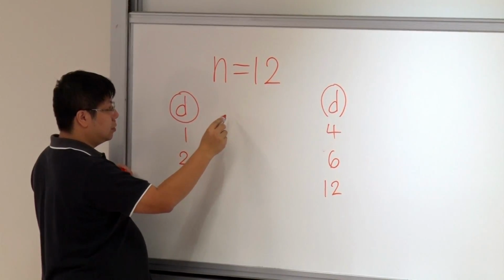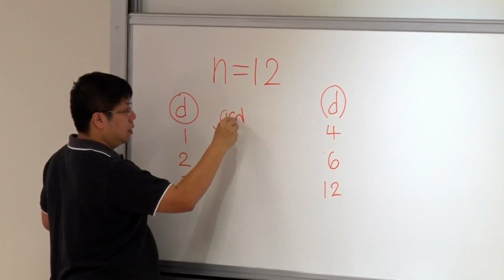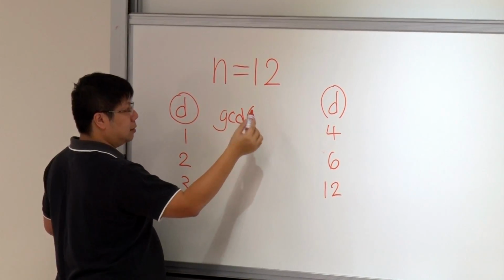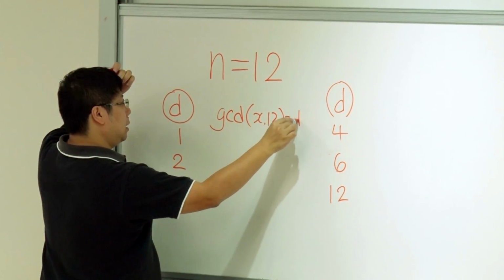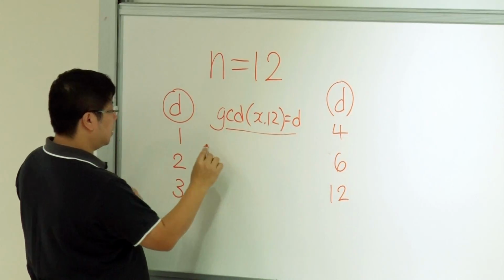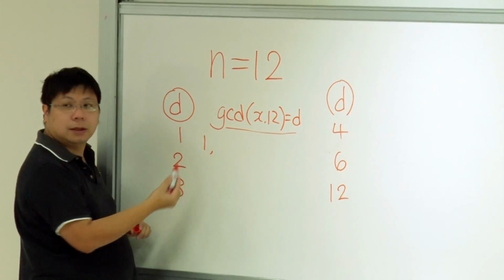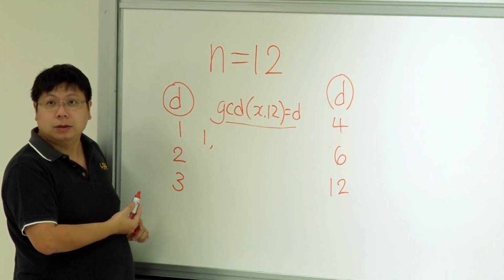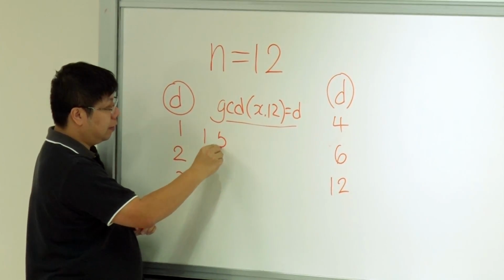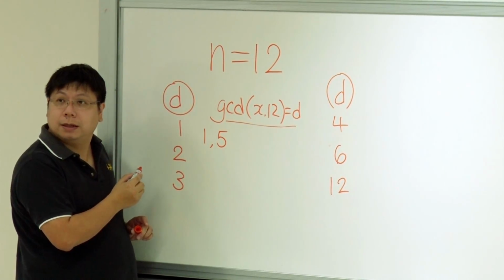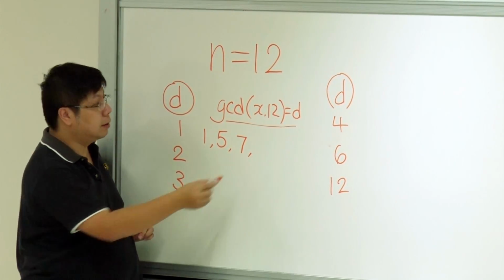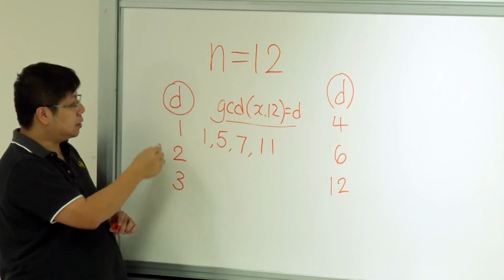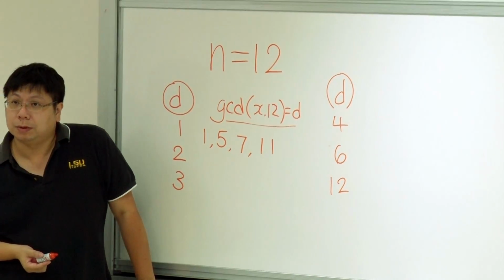So the GCD of the number x and 12, let's say is equal to d. So 1 has GCD 1, right? 2, 3, 4, 5. Is it okay? And then 7, 8, 9, 10, 11. So these 4 numbers have GCD equal to 1 with 12.